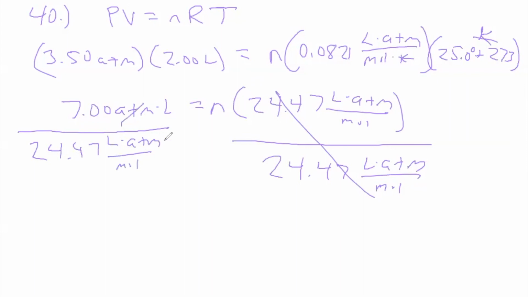You can see the atmospheres will cancel out, liters will cancel out. Do 7 divided by 24.47. We get 0.286.